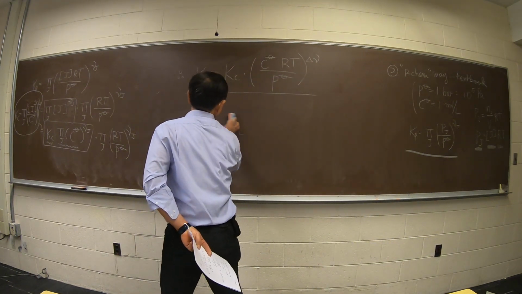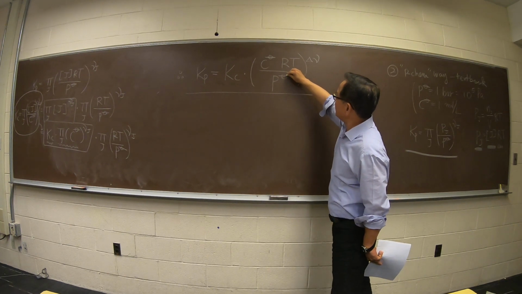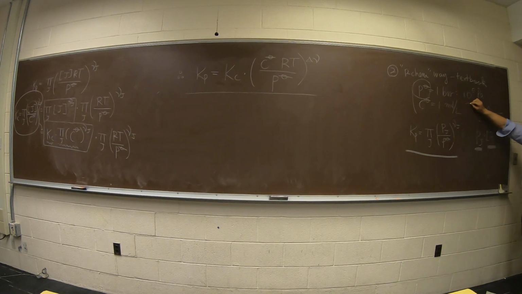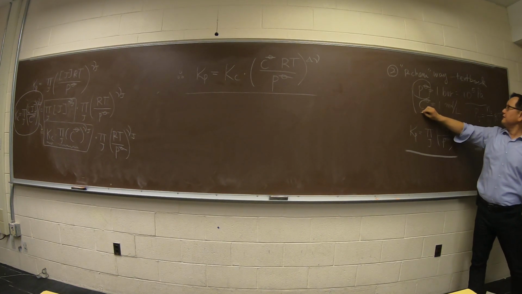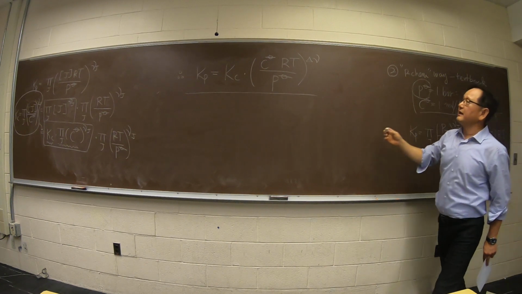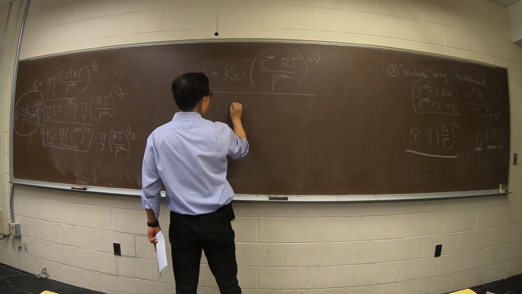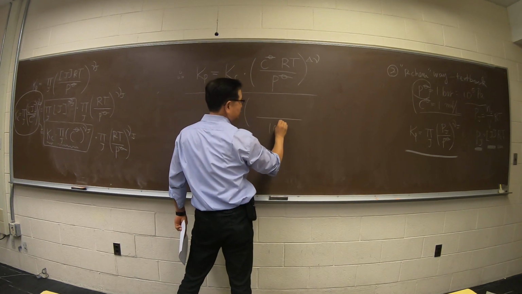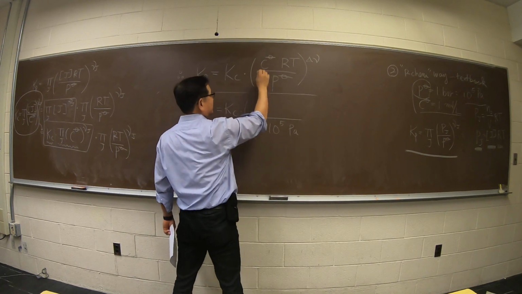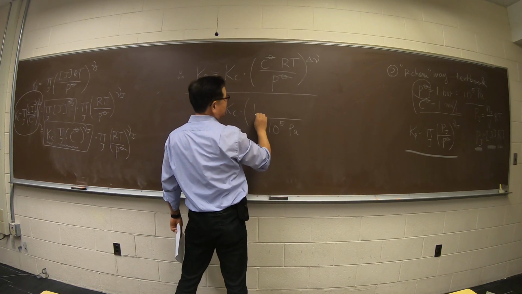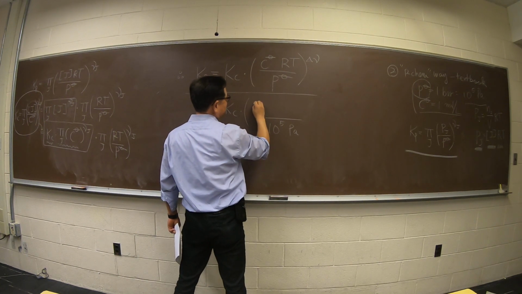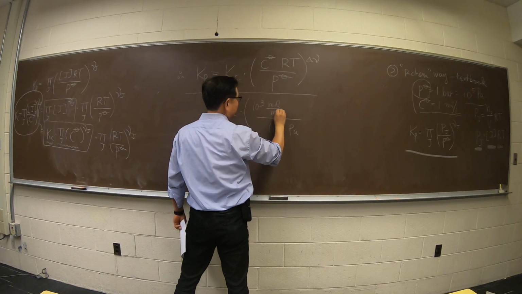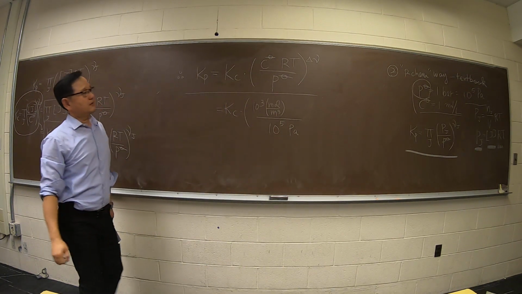So that's the difference. But now I do have a quite clear definition, because the standard pressure is 1 bar, and that's 10 to the 5th Pascal. And this is 1 mole per liter. So what I can do is Kc times 10 to the 5th Pascal over 1 mole per liter. So 1 mole per liter means 1,000 moles per cubic meter. Is that right?